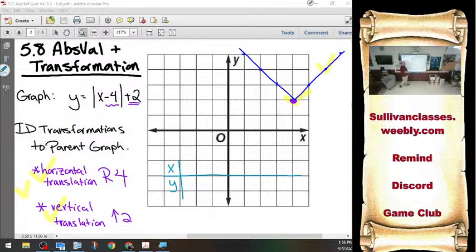So if you only used points from, say, -3 to 3, well, all you're going to see is a line. We ran across that a few times and said, well, if all you see is a line, you have to go further to see the V. If you don't see a V, you got nothing. Okay? So if you had done instead a table of values, that is also okay. But either way, 3 for the transformations, 2 for the graph itself. Any questions about it?